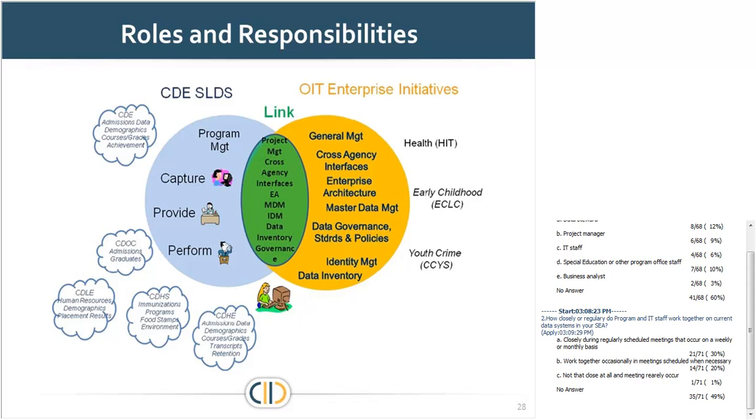Here in Colorado, we had set up a system where our Office of Information Technology was to be involved, but what wound up ultimately happening, just to talk to our lessons learned, was that our SLDS system and the system that links data from these different agencies came in-house to CDE, and so we do the capturing and the linking and the providing of the information all within the Department of Education here.